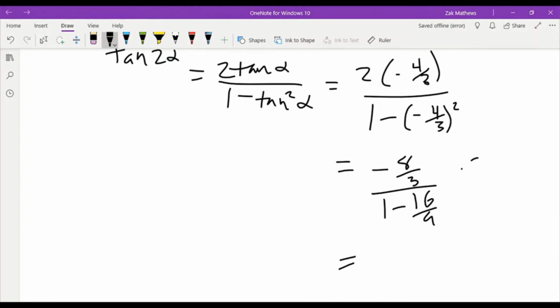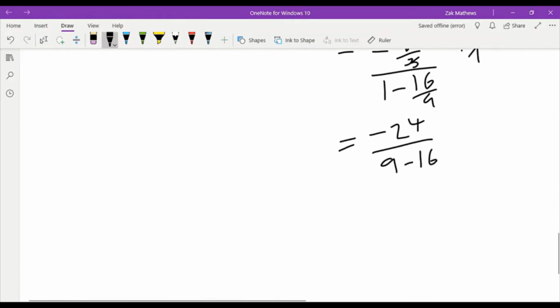If I multiply the 9 on the top, the 3 goes into 9 3 times, and so I have negative 24 on top, canceling out the 3, still have 3 to multiply to the 8, over, multiply the 1 by 9, we get 9 minus 16. Some simplification can take place there, get negative 24 over a negative 7, and of course the negatives drop out, giving us 24 over 7.